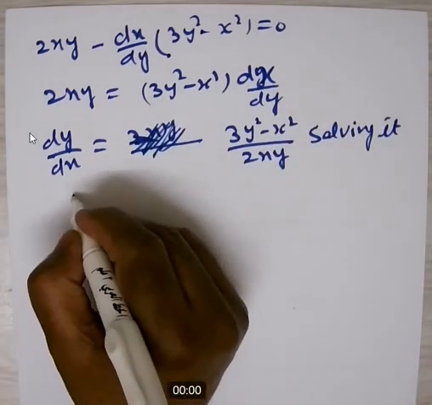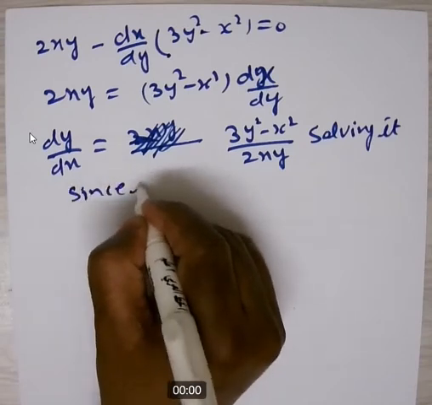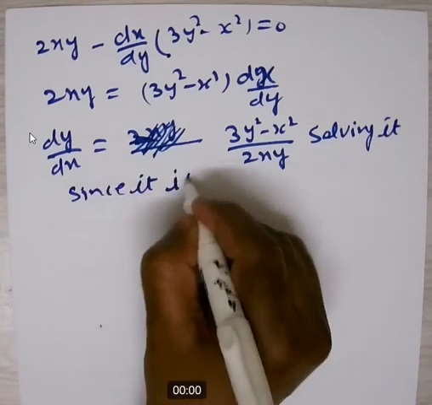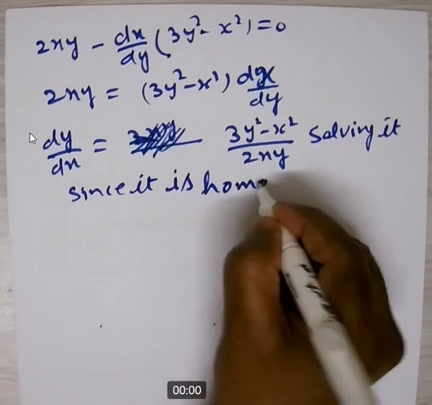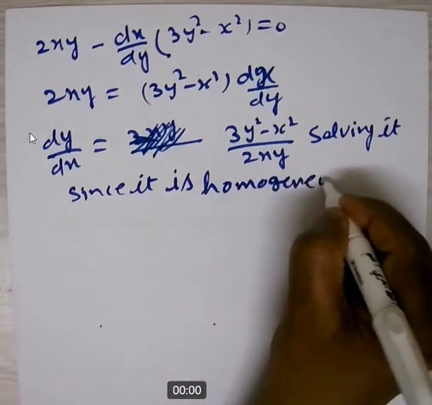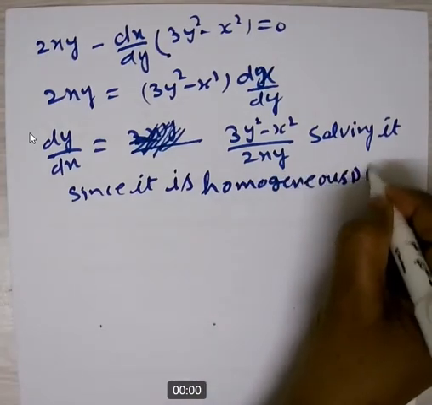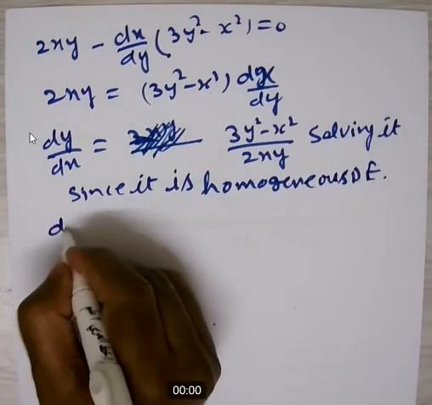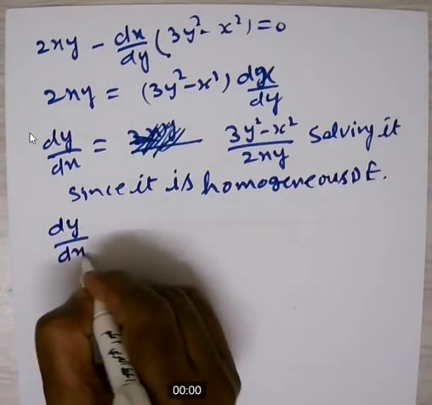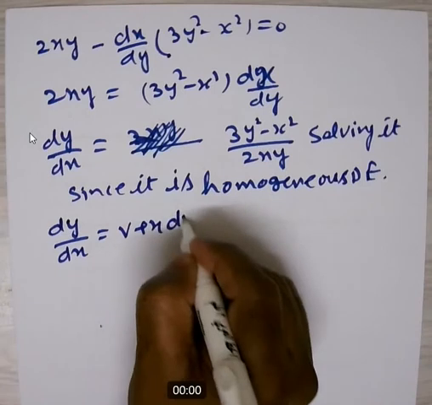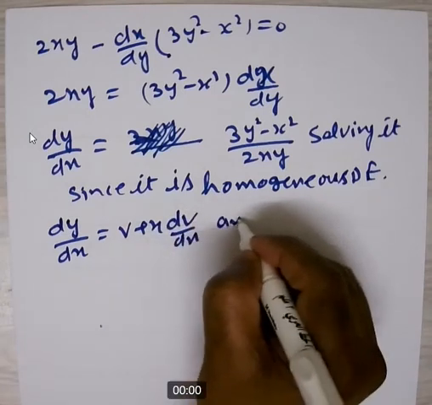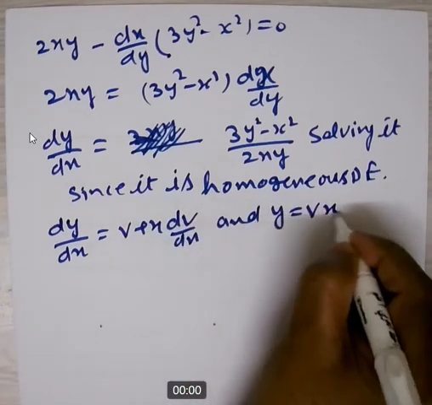So in homogeneous, since it is homogeneous differential equation, replace dy dx as v plus x dv dx and y equal to vx.